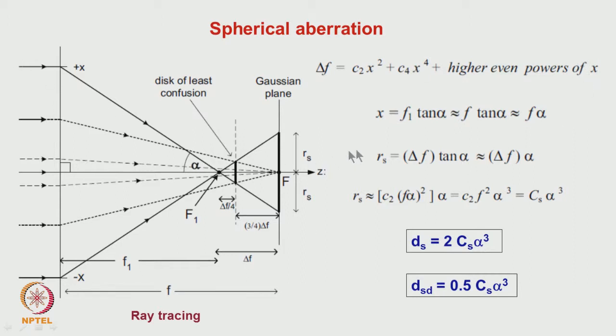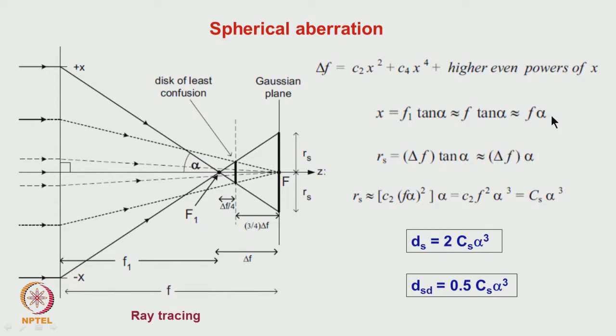But using simple geometry, we can calculate that this x itself equals f tan alpha, where alpha is the angle which it subtends here, assuming delta f is very small, and also assuming that alpha is small. Similarly, on the Gaussian plane, the spread of the image Rs is equal to delta f into tan alpha. So, this is delta f into alpha.